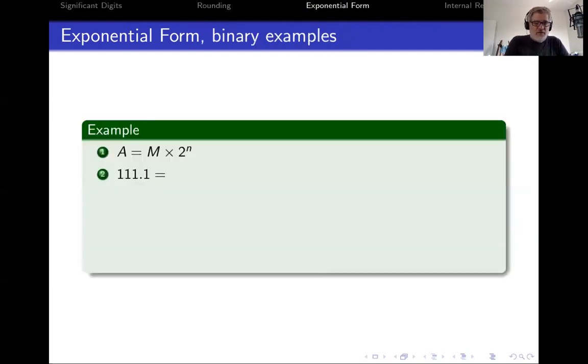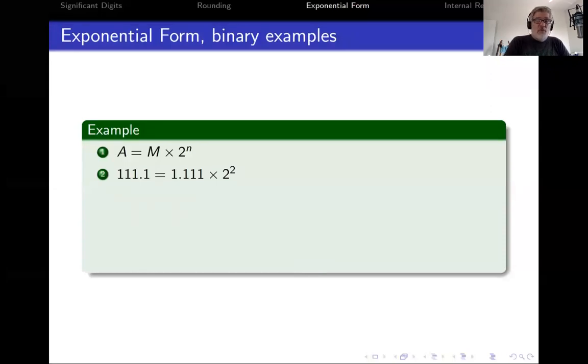And here are some examples. 111.1, in binary. How do you rewrite that? I want the binary point right after the first one. So I need to shift it left by 2, but I need to keep everything equal. If I'm shifting left, I'm making the number smaller, so I need to pump up the exponent to keep everything correct.